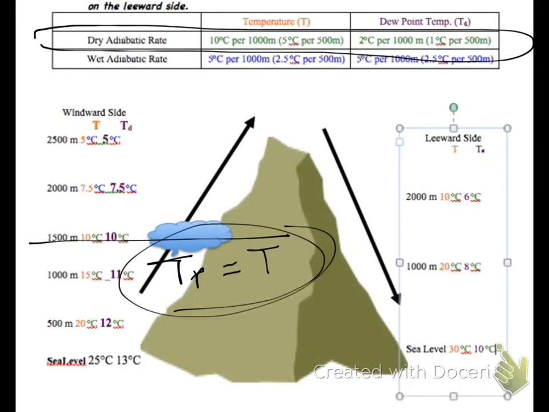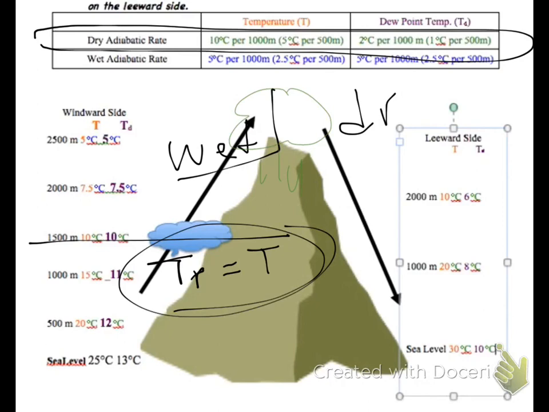They are the same at this point. That's where the base of the cloud will form, water will come out of suspension, and my condensation nuclei will begin to have water stick to them, and I will have my wet rate begin. Once I lose that moisture to precipitation, I will dry out, and I can sink using my dry rate.